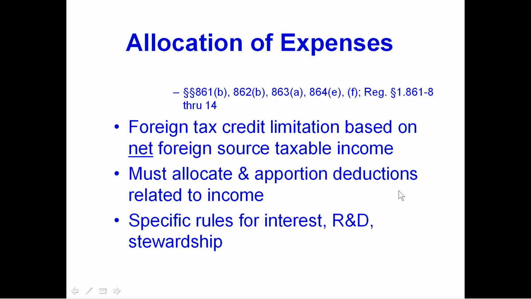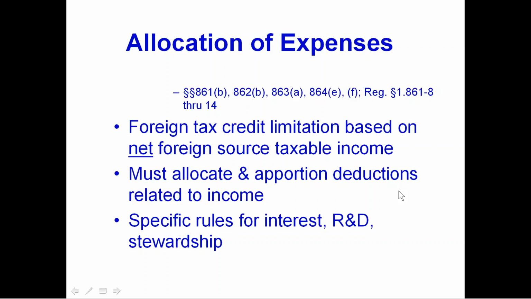That's how the states do it. Federal rules do not work the same. Under federal rules, you identify the particular items of income. We talked about items when we were talking about the foreign tax credit limitation. You identify the particular items of income, and then you allocate and apportion deductions to those items of income.